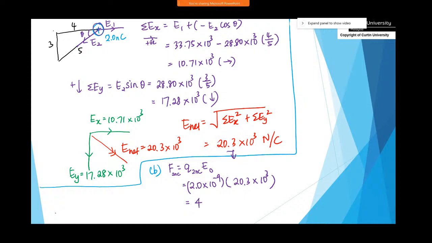And you get 4.06 times 10 to the power of -5. Isn't it the same as the worked example 1 that you have calculated by using the long method? So it's in fact the same answer as your F when you are using this method, right?